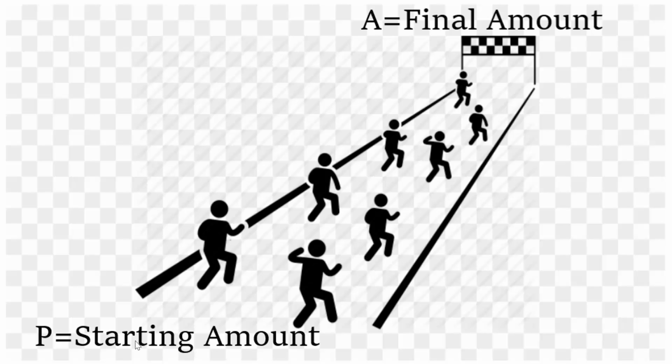Let's think of this in terms of a running analogy. P is the starting amount, so that's basically where we start at. A is the final amount, that's where we're going to end at. T is time, obviously that's how long it takes to run. The R is rate, that's sort of like our speed.